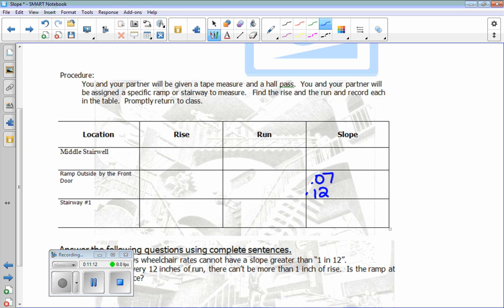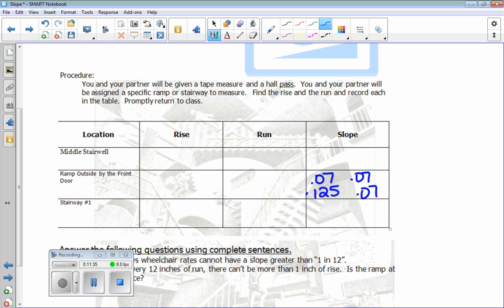0.125. What'd you guys get? 0.15. Something's wrong. Are you sure? What did you guys get? So there's an outlier here.